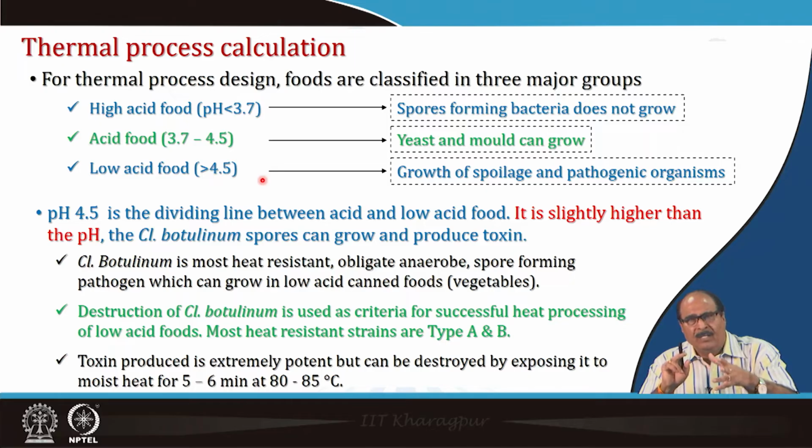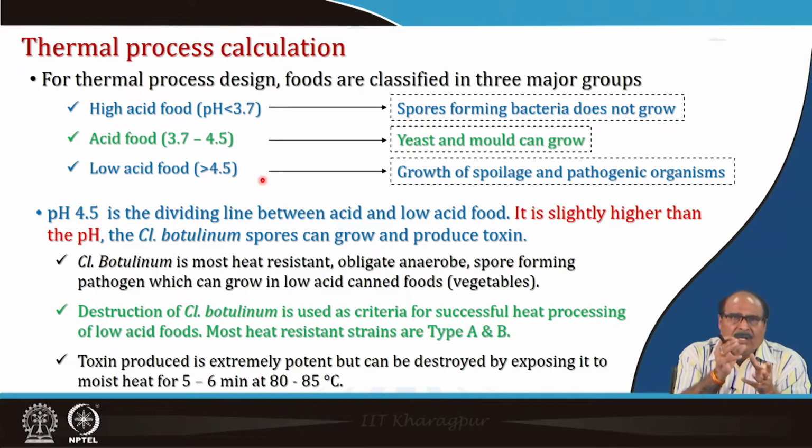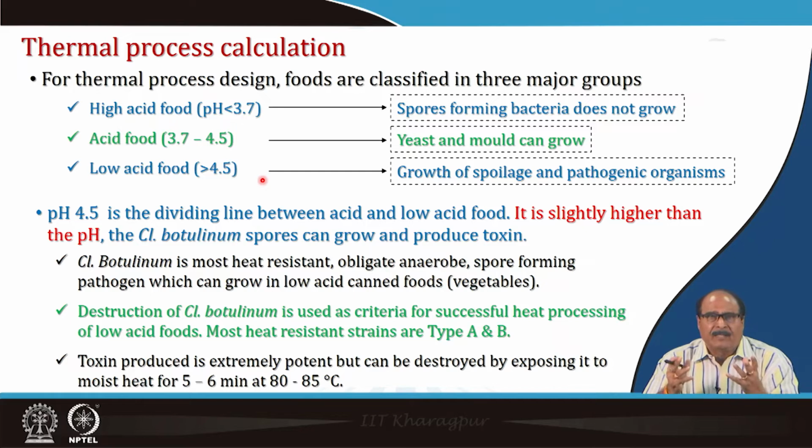For example, in low acid food, all the spoilage and pathogenic microorganisms can grow, but high acid foods, that is fruits with pH less than 3.7, will not support the growth of spore forming bacteria.